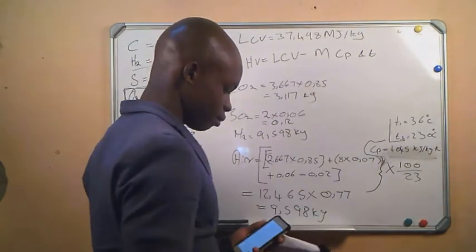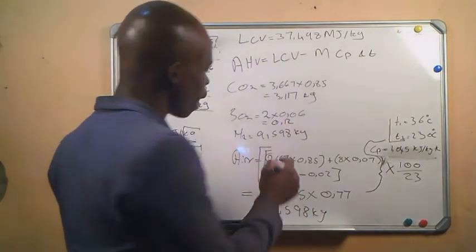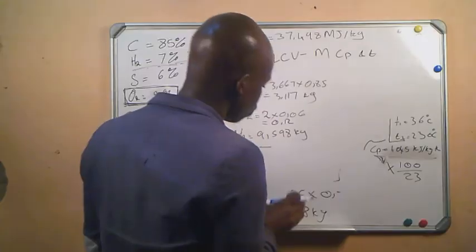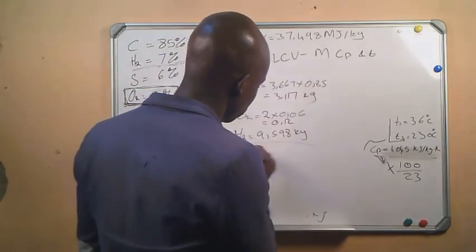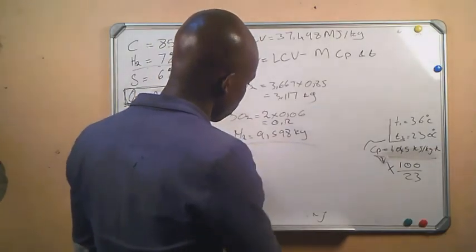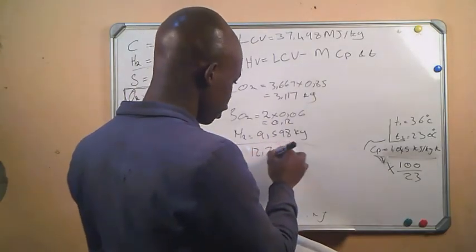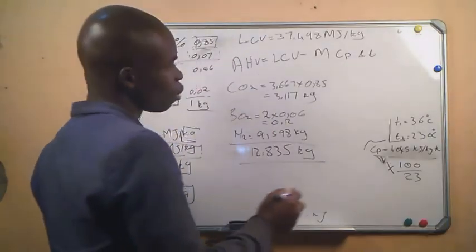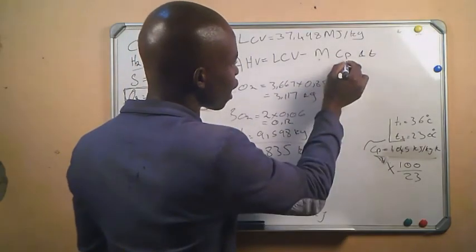And then we come and say the total mass of the product will give us 12.835 kg, which we will put here, and then we have the specific heat capacity.